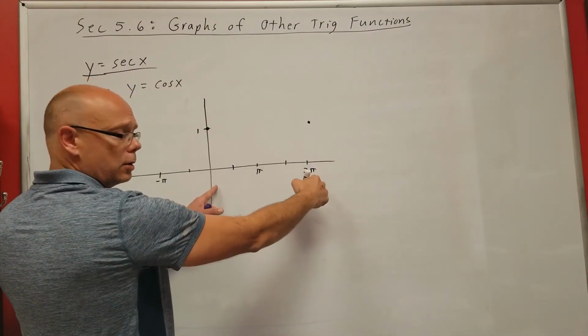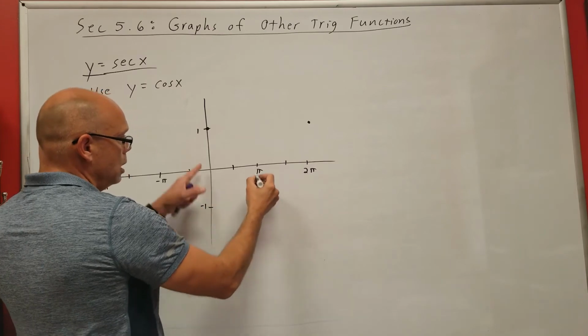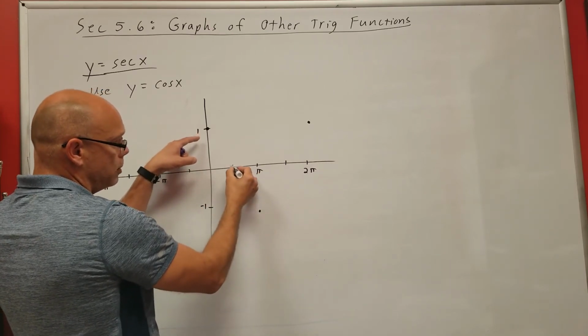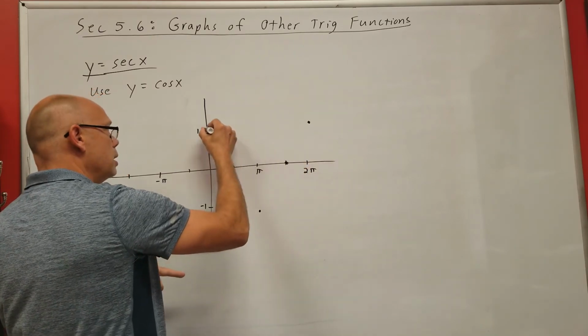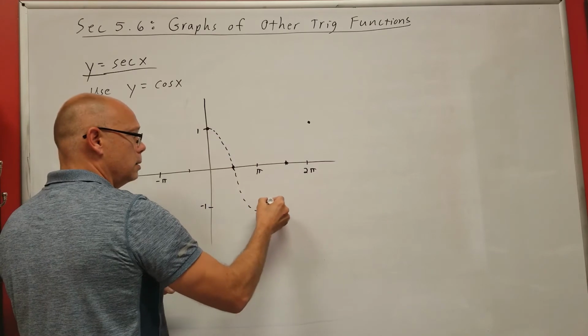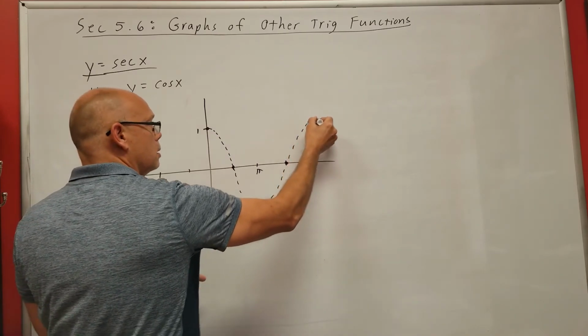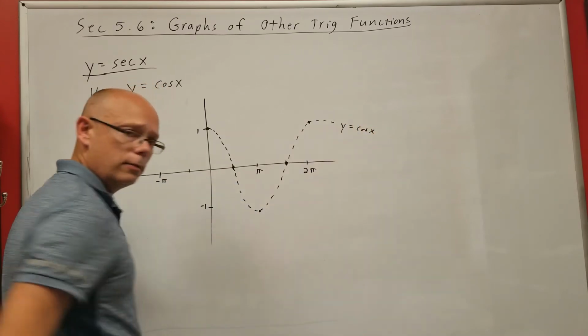Halfway between 0 and 2 pi, which is pi, it's going to hit its lowest point. And halfway between the highest and lowest point, it's going to be the x-intercepts. And if I draw this with a dashed line, I get something that looks like this right here. Y is equal to cosine of x.